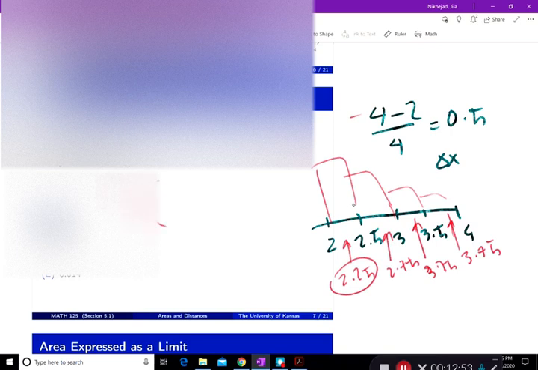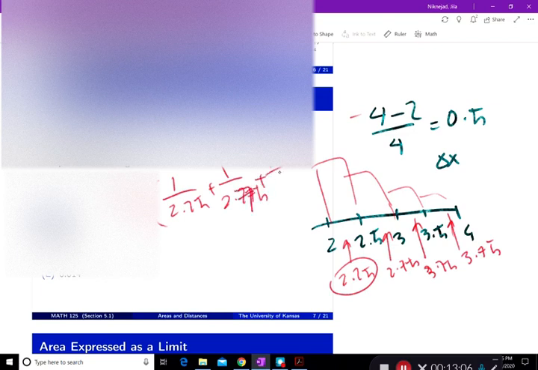The height of the first one is 1 over 2.25. The second one height is 1 over 2.75, and then the third one is 1 over 3.25, then it's 1 over 3.75, and if you compute this together, you got D.